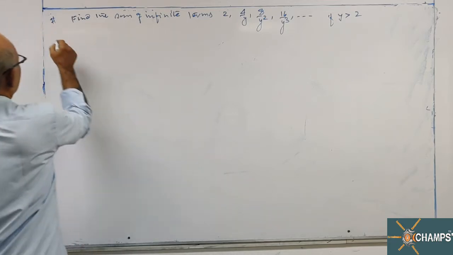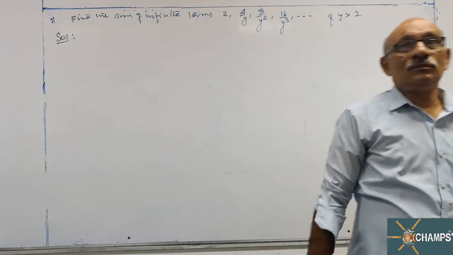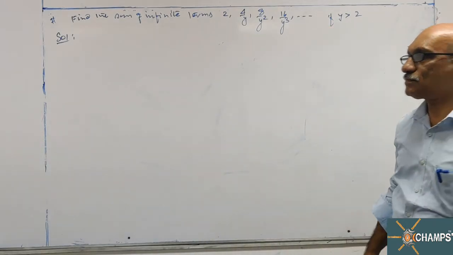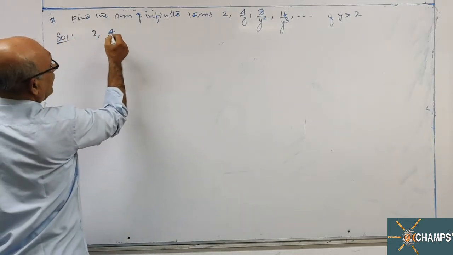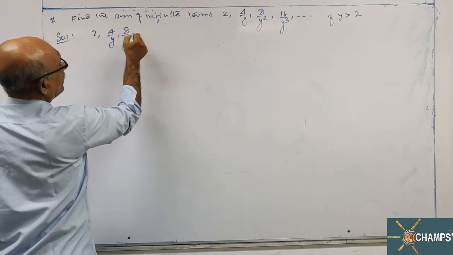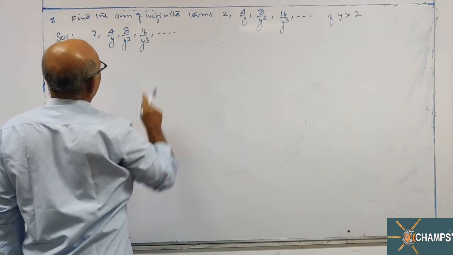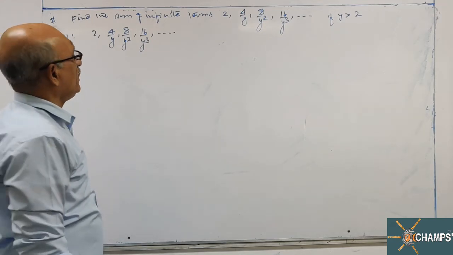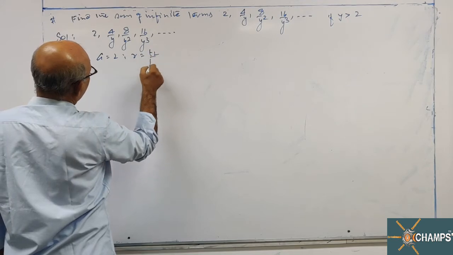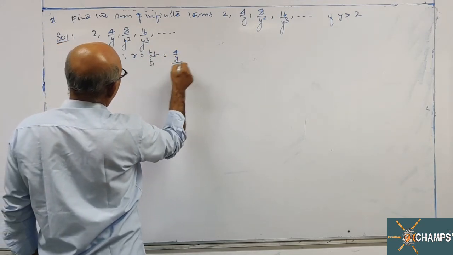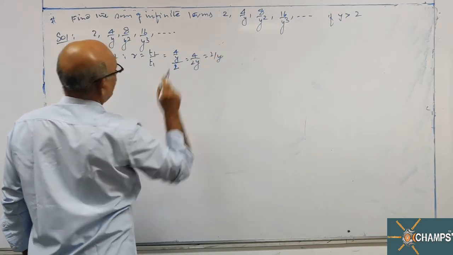Now see the solution part of this. 2, 4 by y, 8 by y square, 16 by y cube, etc. is an infinite geometric series. First term is equal to 2. Common ratio is second term divided by first term, this is 2 by y.